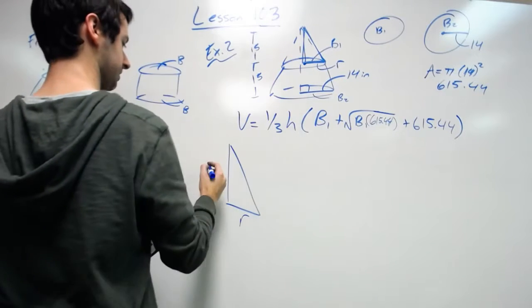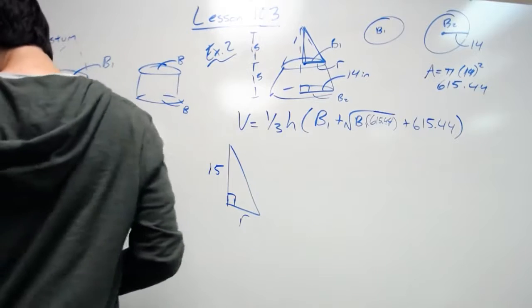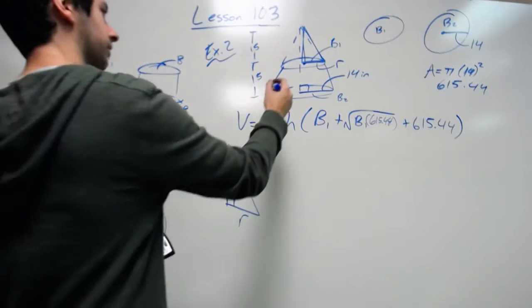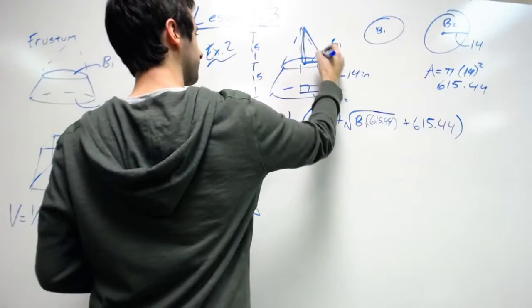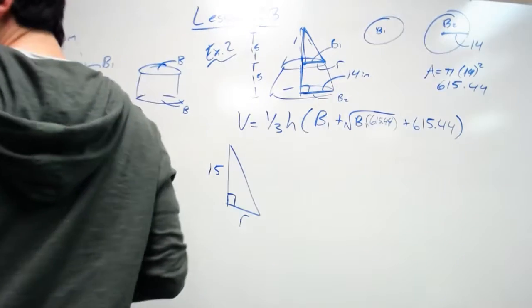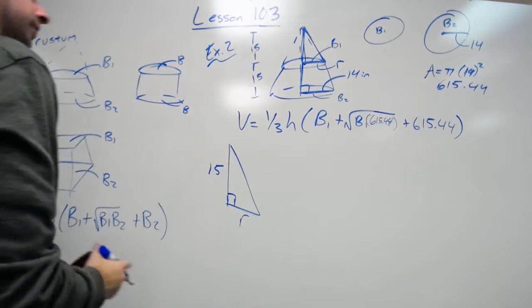We know the height is 15. Notice the two triangles right here. We have a small triangle and a big triangle. Both are right triangles that share an angle. So therefore they are similar.